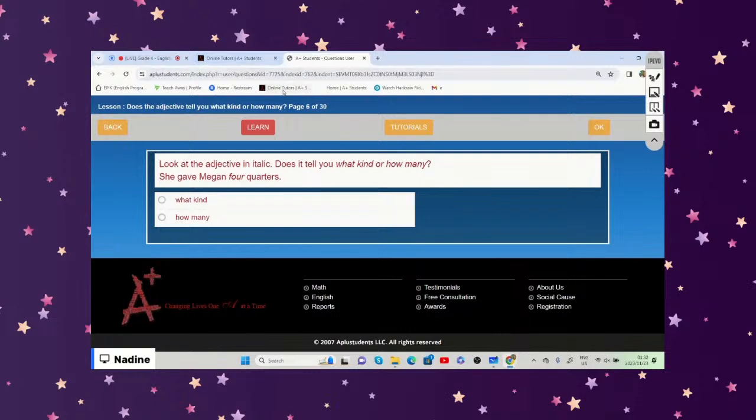So we say she gave Megan 4 quarters. 4 quarters. Does that tell us what kind or does it tell us how many? And that is correct.